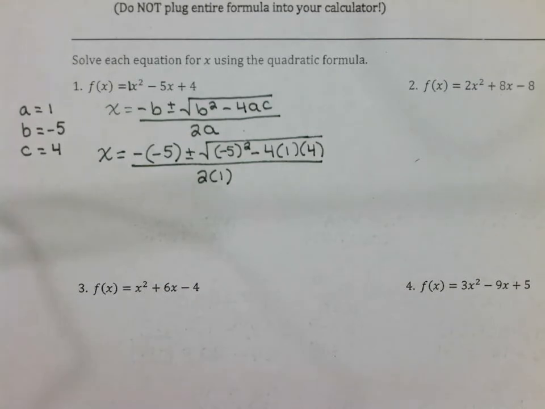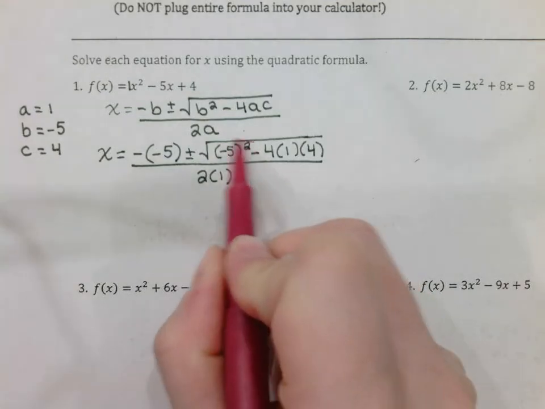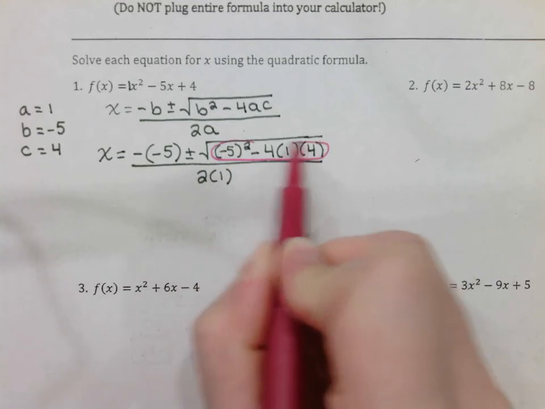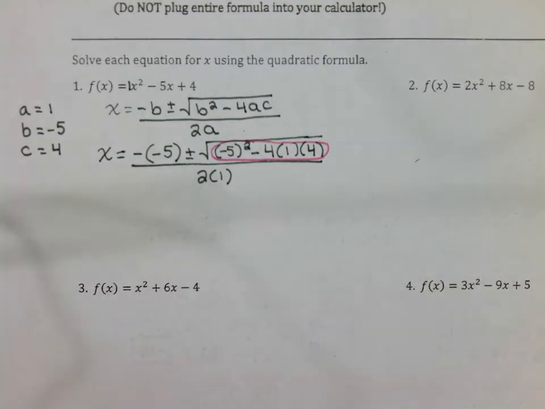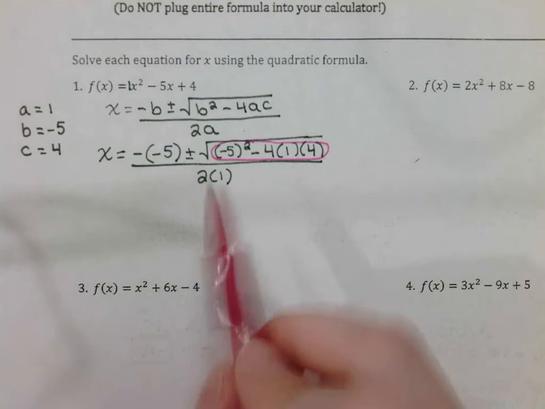So right now this looks a little crazy. What we want to do is start by simplifying what's under the radical. We're going to simplify that discriminant. And we're always going to start that way. That just makes simplifying this whole thing a lot easier.